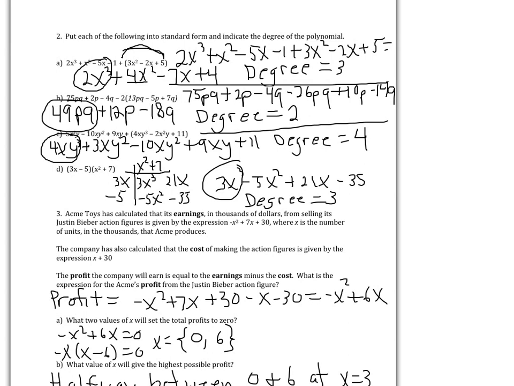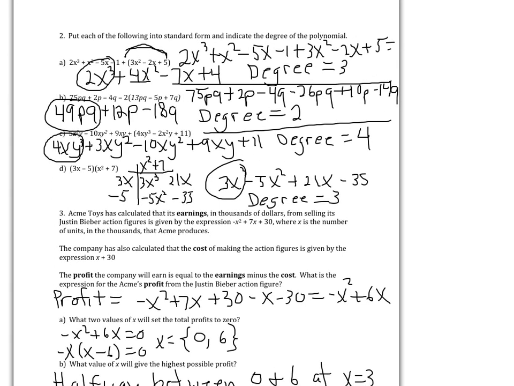We have a negative 2x squared y, and we have a positive 5x squared y, which gives us, this should be a 2 here and not a 2 here, and we have a 9xy plus 11, and the degree again is 4.